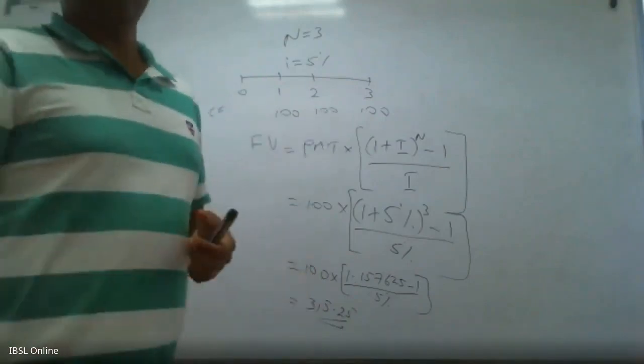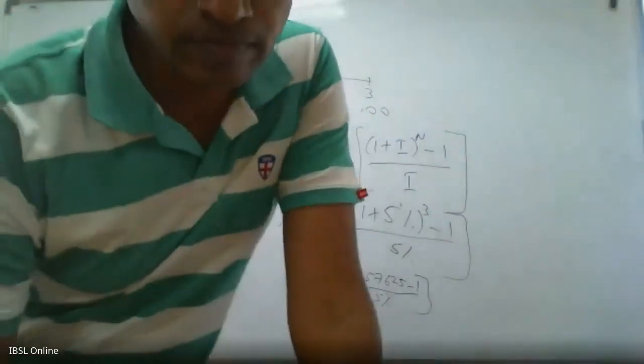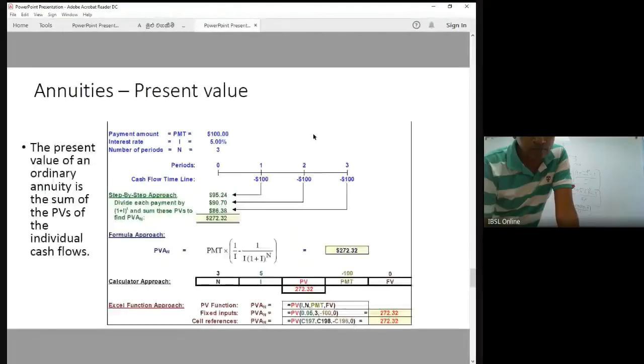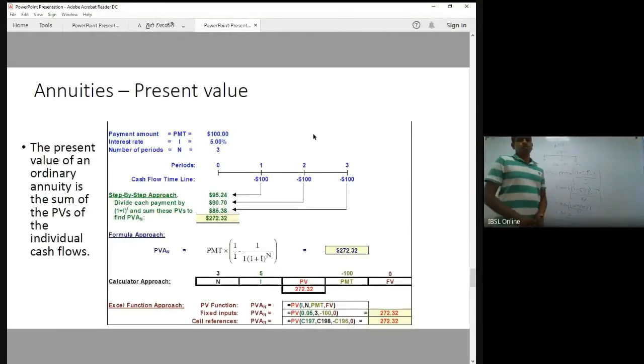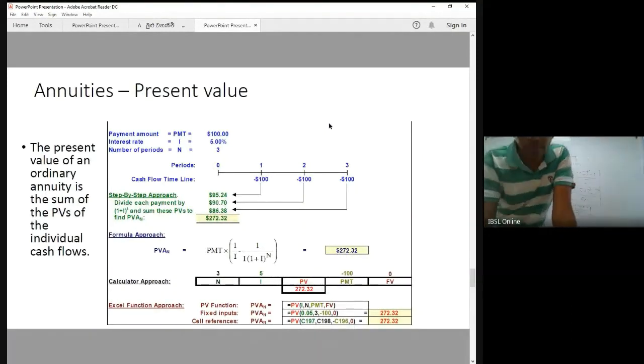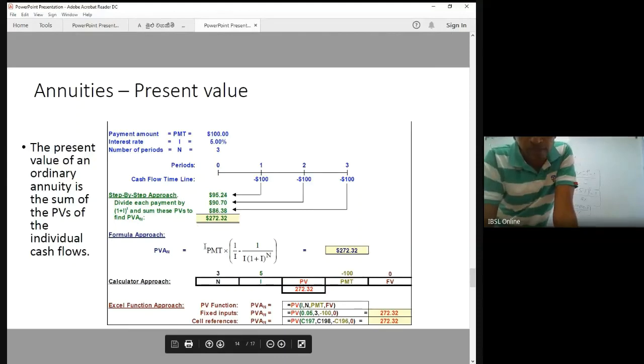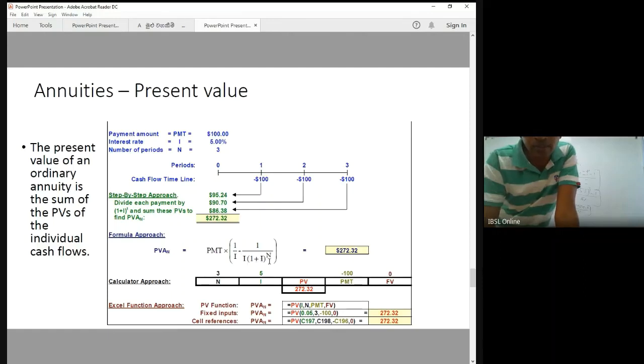Present value of an annuity. Given by the equation shown here, which is an annual payment into 1 divided by interest rate minus 1 over interest rate into 1 plus interest rate to the power n.